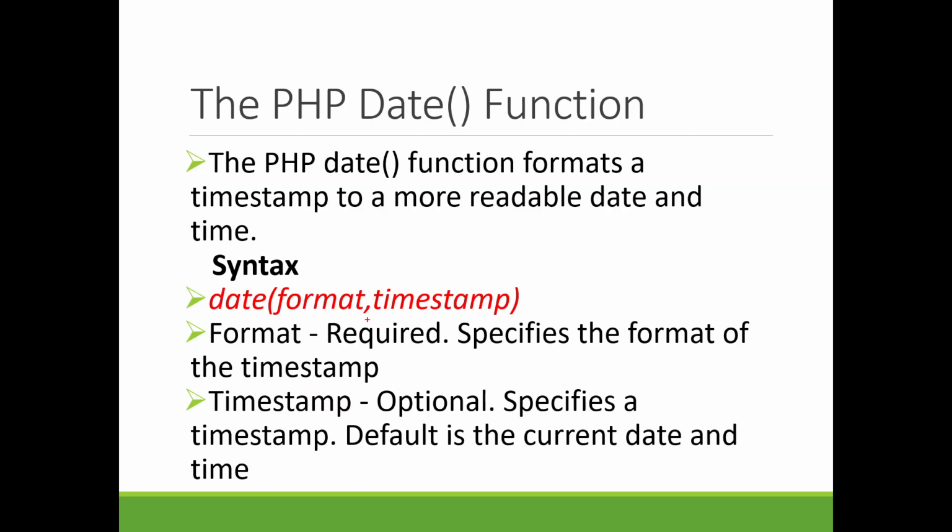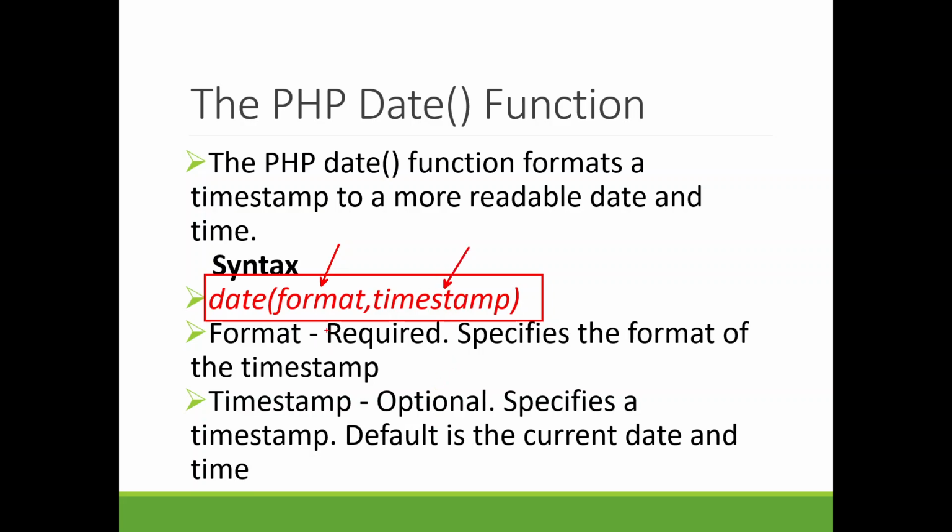Now, really, the date and time function has the following syntax. This one here. So it starts with the date, and because it's a function, you must have the opening and the closing brackets there. Then the first thing you specify is the format. How do you want to format that time? And number two, you give it a timestamp.